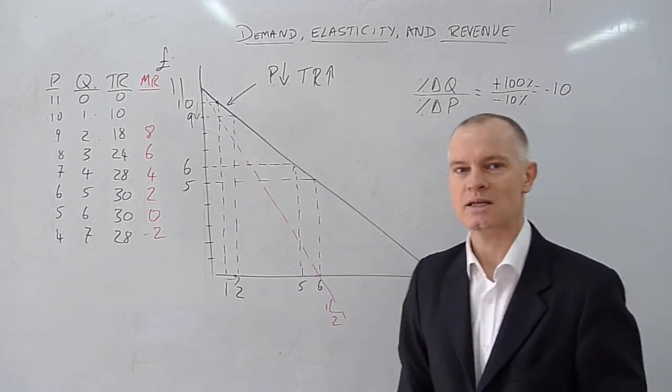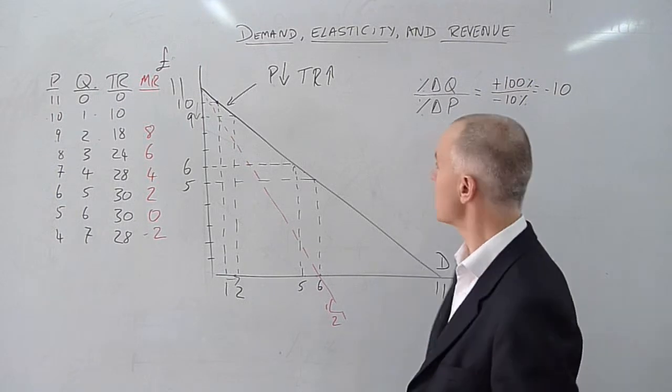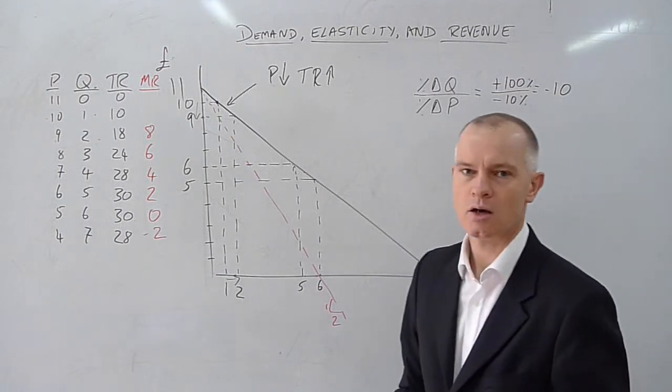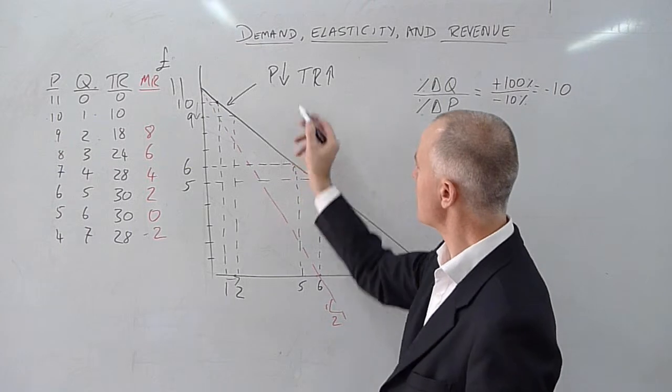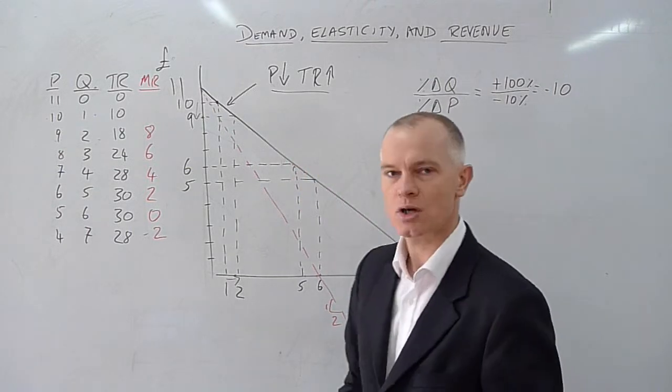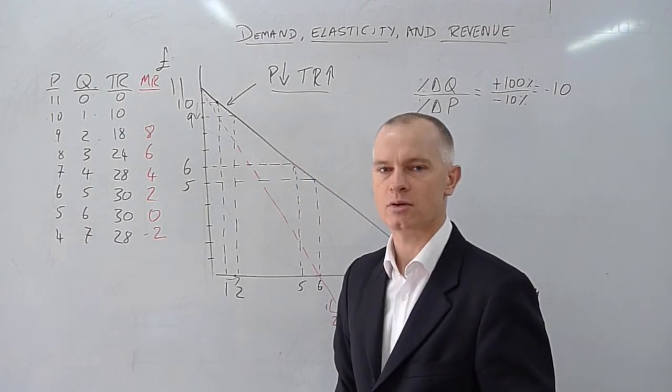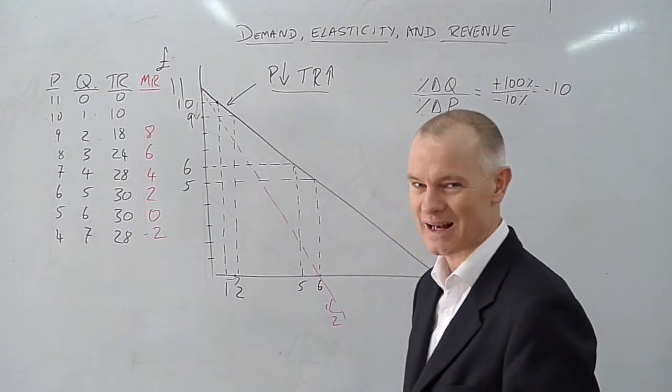And this is indeed elastic. We must be careful, however, as we will see, of relying on the formula. Always, a price cut which leads to an increase in total revenue means that demand must be price elastic.